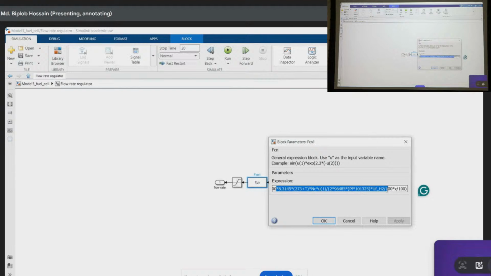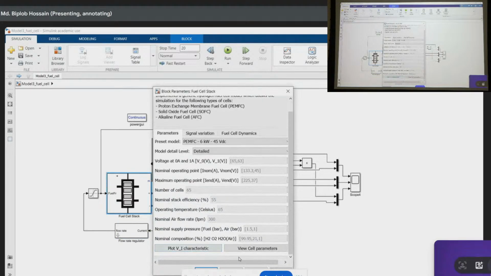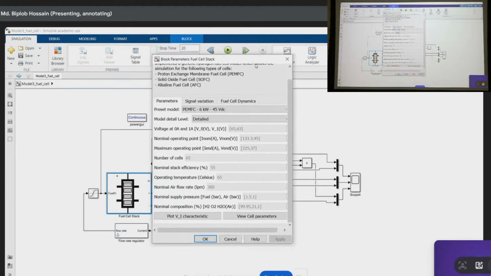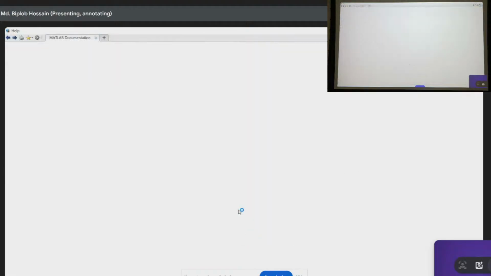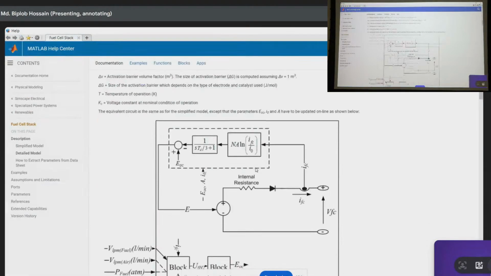In these calculations only the current is the input and all other parameters are constant. From where we get these equations, I showed you at the very beginning.